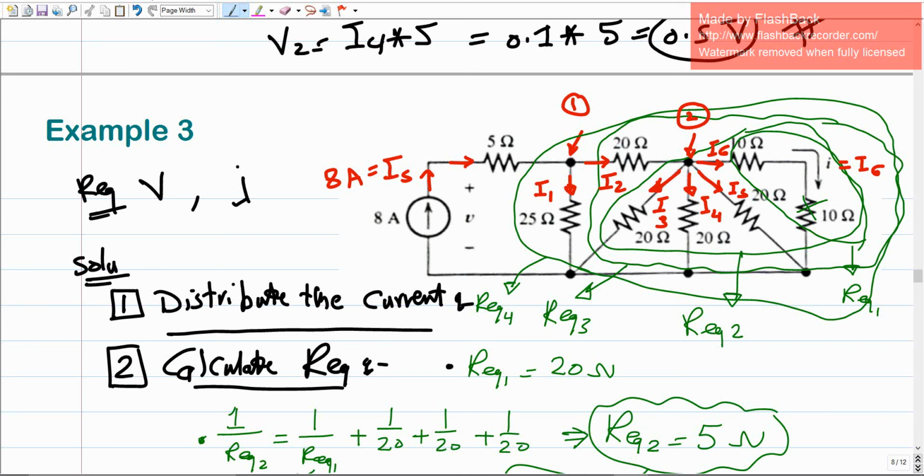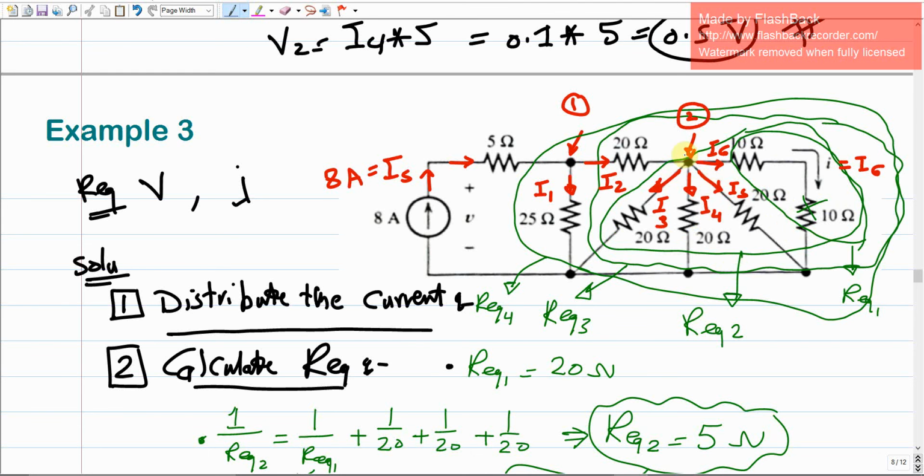Each one of these resistances is going to take a quarter of the total, because it has been split over 4 equal resistances.